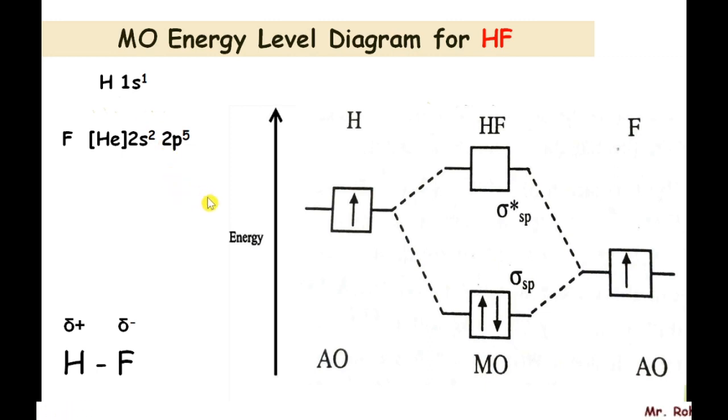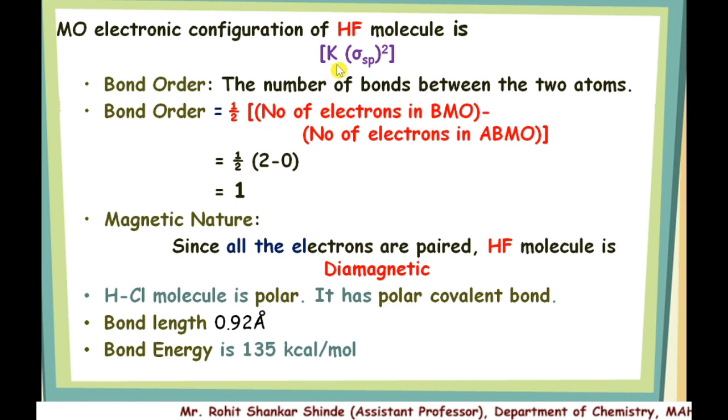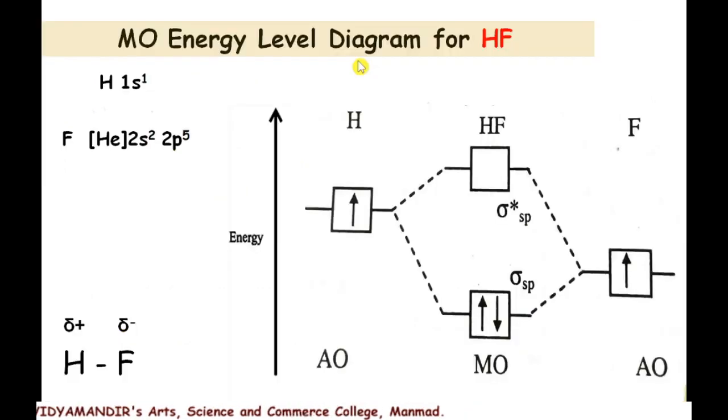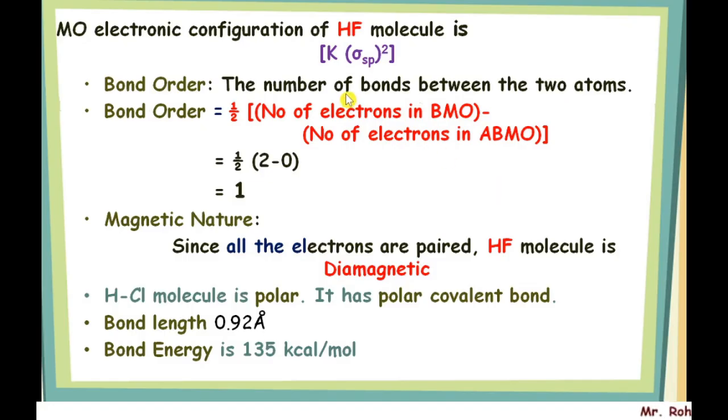The molecular orbital electronic configuration of HF molecule is written as K sigma sp2. This K is for 1s2 orbital of fluorine, and sigma sp is a bonding molecular orbital shown here. It possesses 2 electrons, while anti-bonding molecular orbital sigma star sp is vacant. So its electronic configuration must be K sigma sp2.